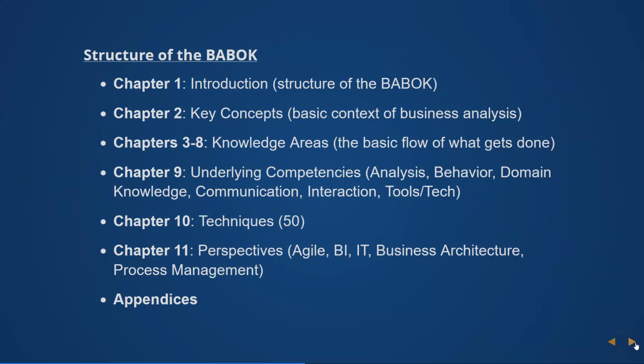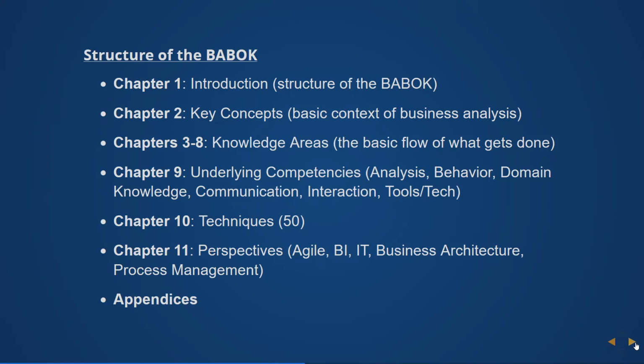Now, again, that big honking book I show you is set up in the following way. It is called a body of knowledge, and it starts with the basic definition of business analysis. Then it goes into the knowledge areas in chapters 3 through 8.